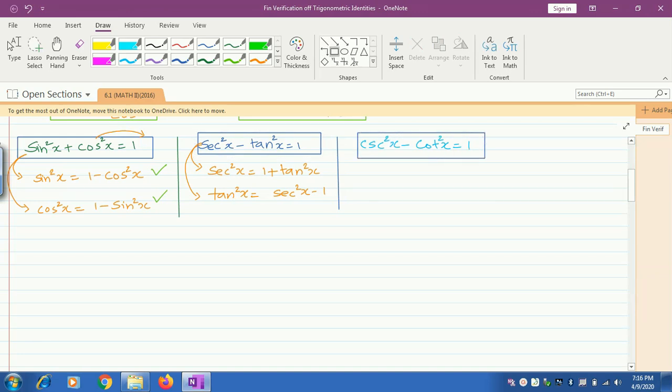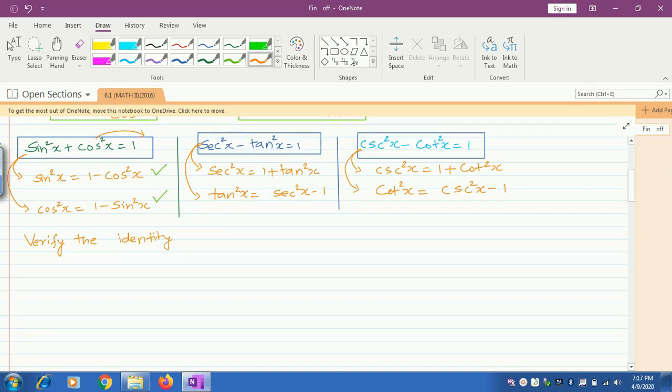Similarly, here also we use the same thing: cosec square x is equal to 1 plus cotan square x, and cotan square x is equal to cosec square x minus 1. So these are the formulas. Now we are going to see the first problem. Verify the identity.